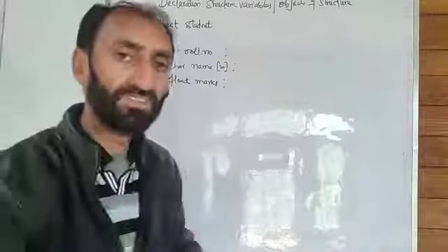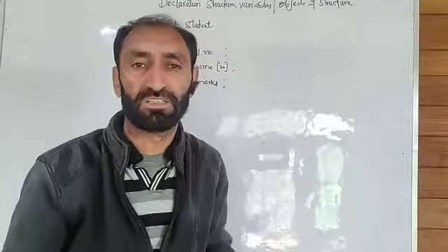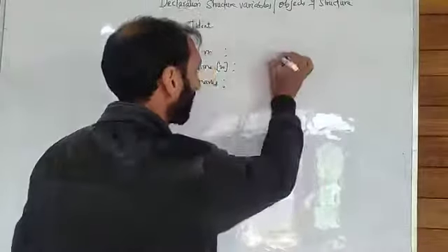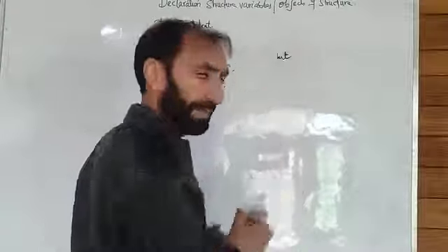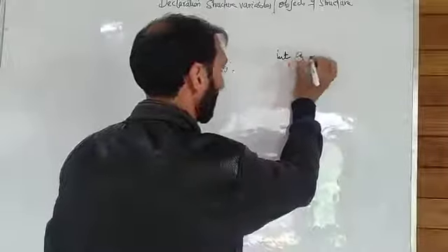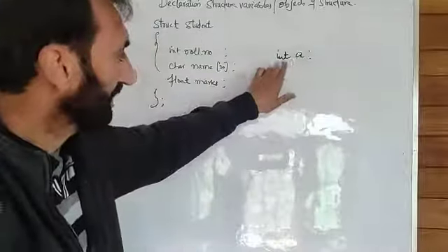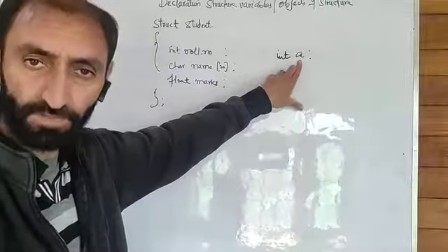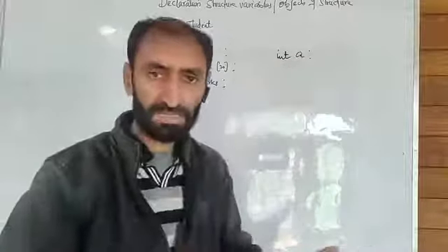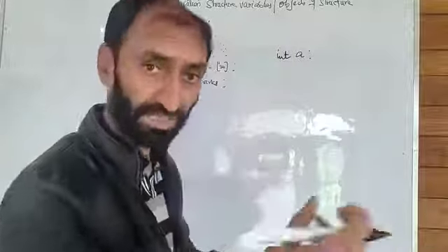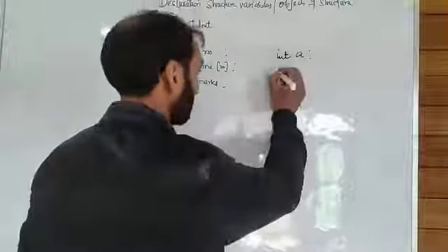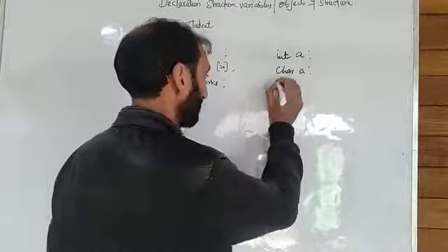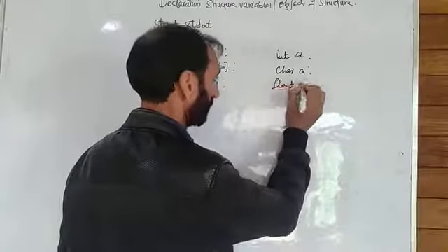If we recall the declaration of variables, when we declare a variable, we only write the data type of the variable and the name of the variable. For example, here int is the data type and a is the name of the variable. Similarly, if we declare a character variable, we can write char a, and in the same way float a.